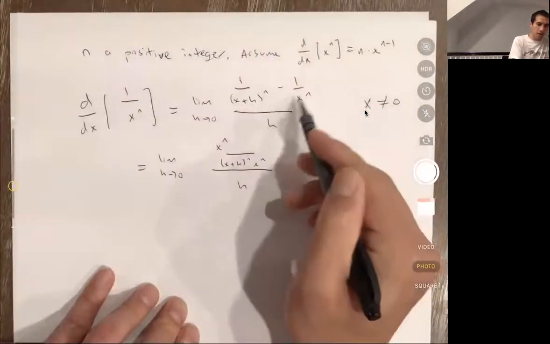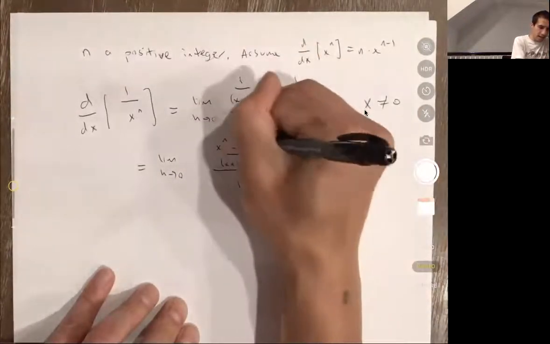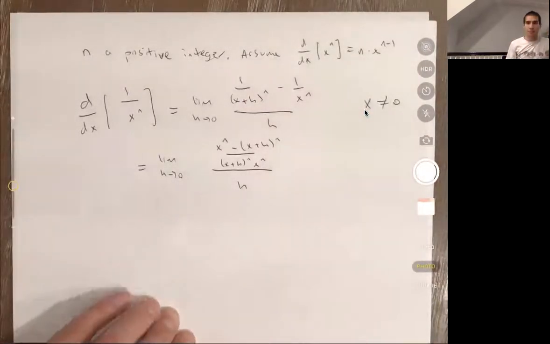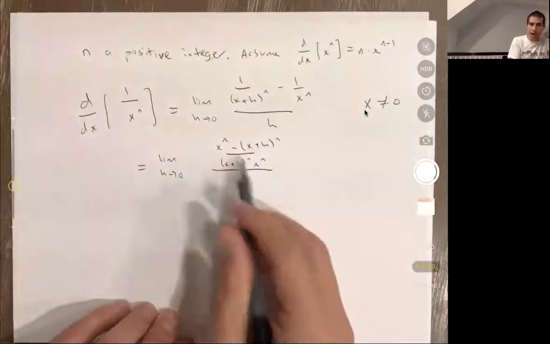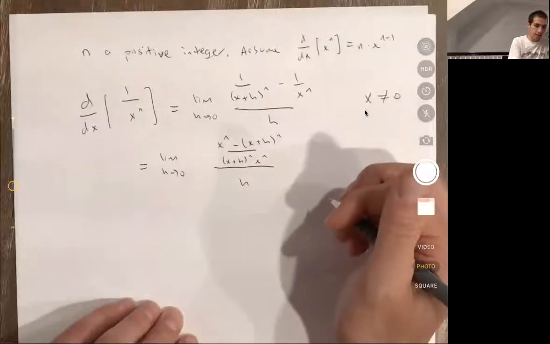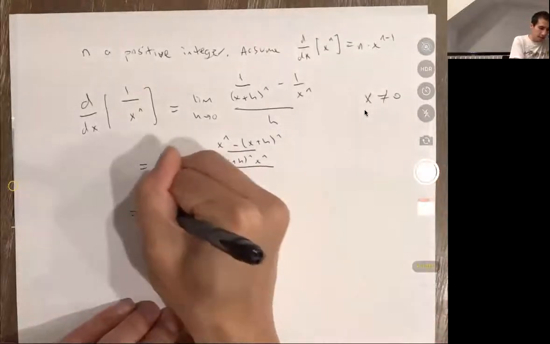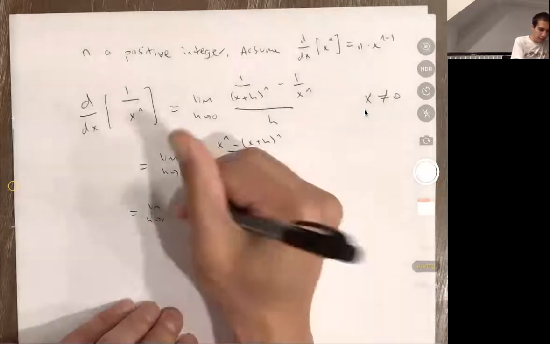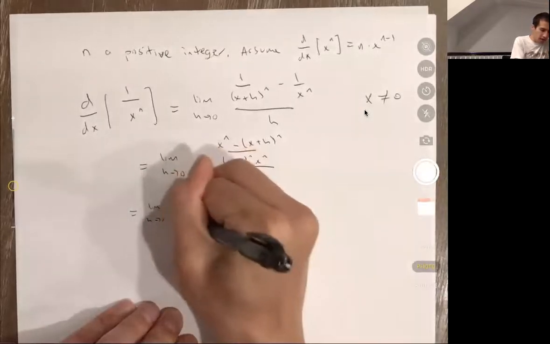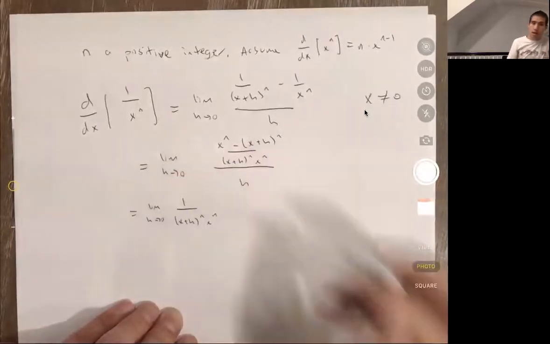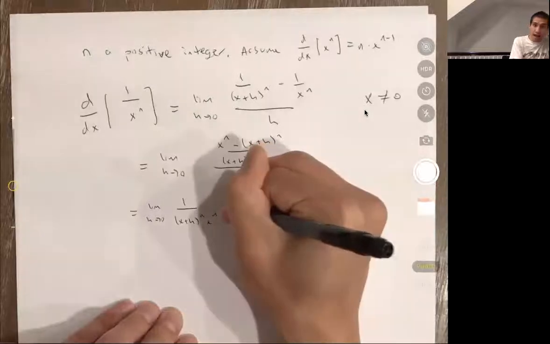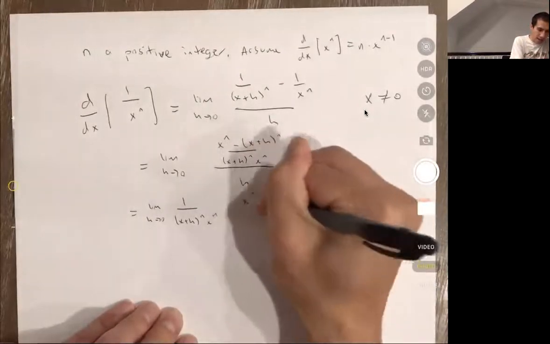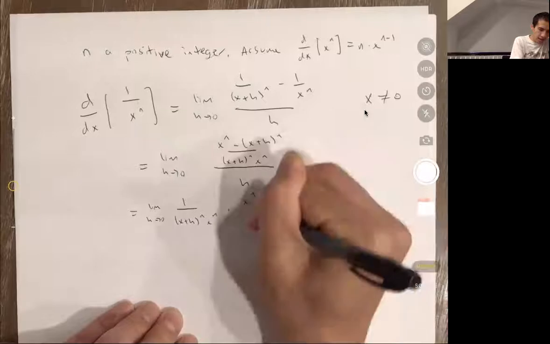And when I put this term over the common denominator, I get x plus h to the n. And I'm going to factor out this common denominator and write it as a separate term. So this is the limit of 1 over the common denominator, times what's left over: x to the n minus x plus h to the n, over h.